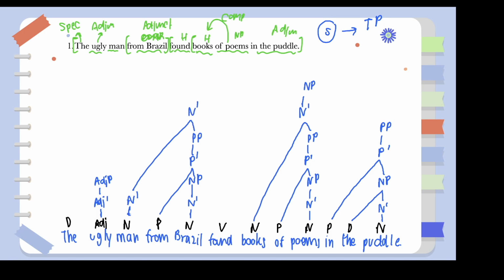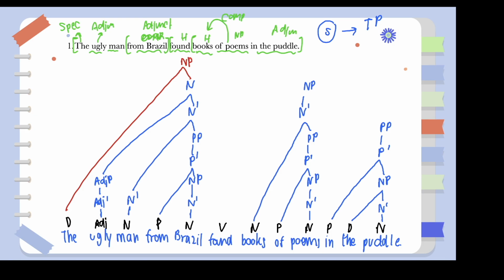Okay, so when we have N bar here, man from Brazil, it attaches with adjective phrase to be another N bar. So we have ugly man from Brazil, and in this N bar, we attach with the specifier, the last one, to be NP. So the specifier will attach at the end. Okay, so now we get our noun phrase, the ugly man from Brazil.